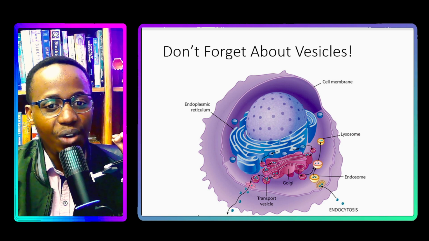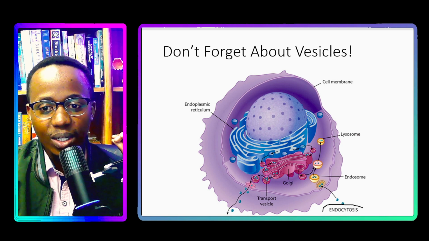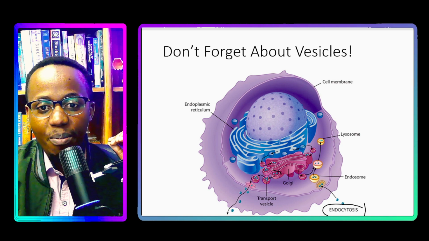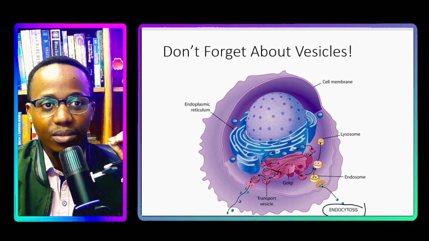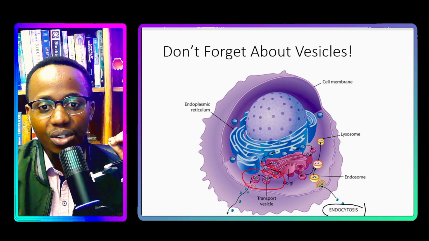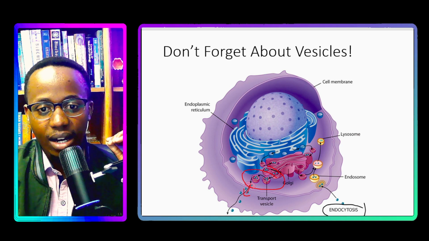So you've heard of endocytosis and exocytosis, right? So some things, in order to get them out of the membrane, we make vesicles out of them, and then these vesicles are going to fuse with the membrane and get out. Endocytosis is the same thing.